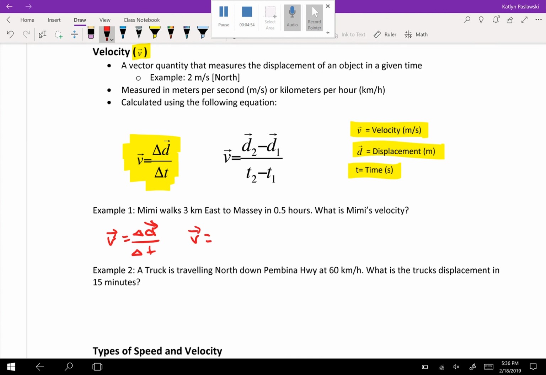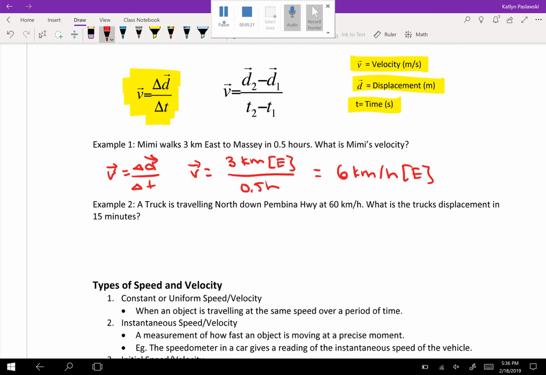So the velocity is equal to 3 kilometers and in this case east, over 0.5 of an hour. So 3 divided by 0.5, the velocity is equal to 6 kilometers per hour. Note the direction is east.